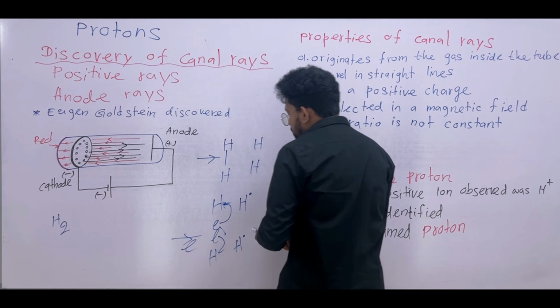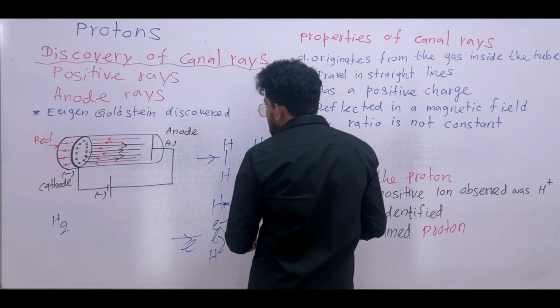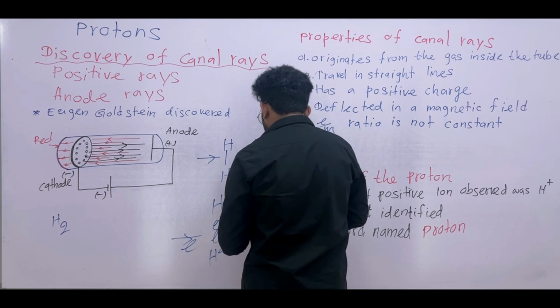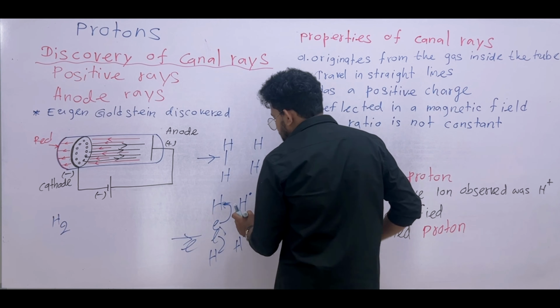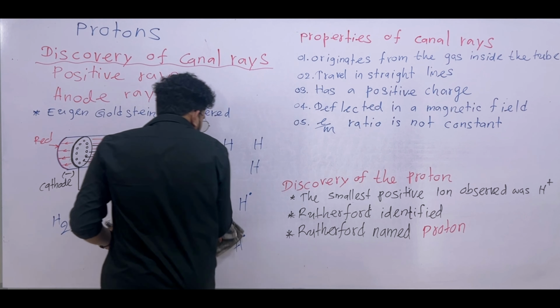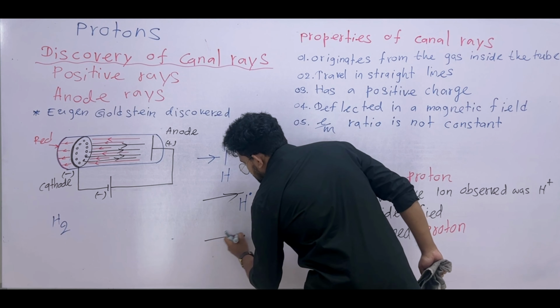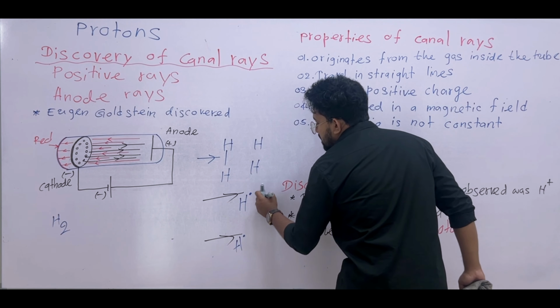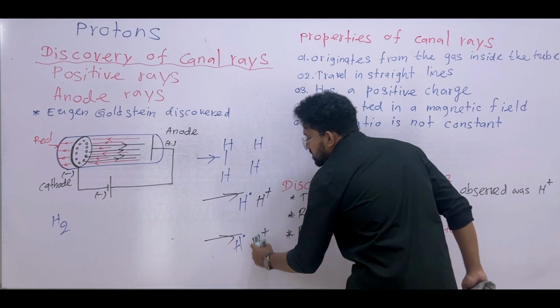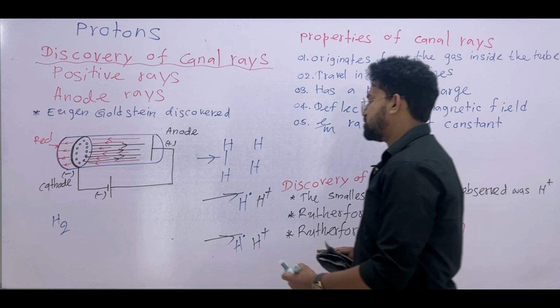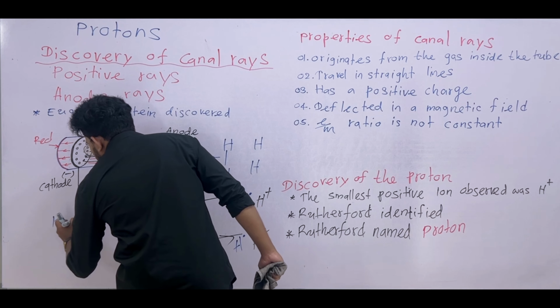After they form atomic hydrogen, further collision with the cathode rays will remove electrons from the hydrogen atoms. In that case, they will produce H+ ions.